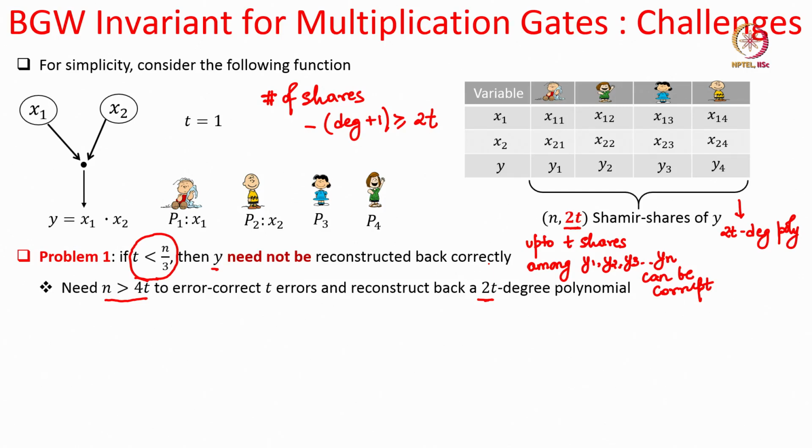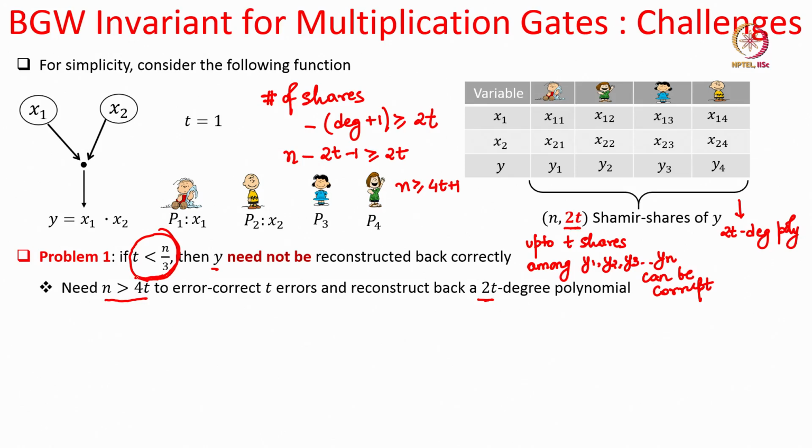So, in this case the number of shares is n, and the degree of the polynomial happens to be now 2t, because these shares y 1, y 2, y 3, y 4 constitute distinct points on a 2t degree polynomial. So, we need this condition to hold, that means n should be greater than or equal to 4t plus 1, but that need not be the case, because we would like to design the BGW protocol, and looking ahead we will see that the actual BGW protocol is with only t less than n over 3.